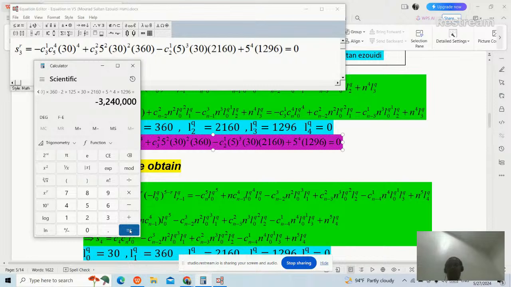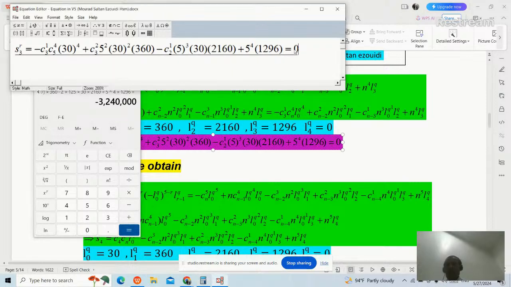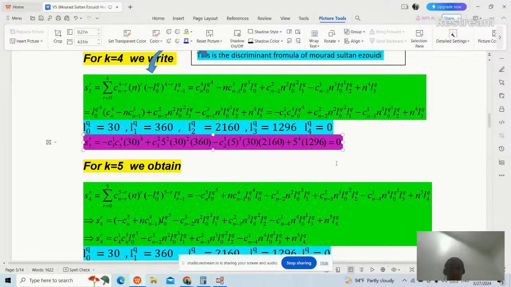Sure, I'll do it again. Equal negative 324000. I'll just see the formula first.